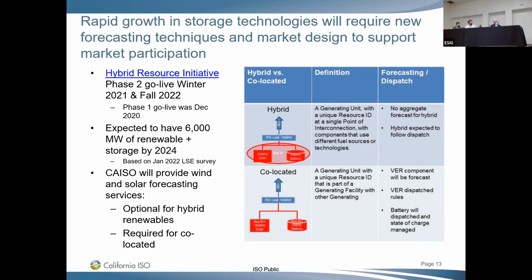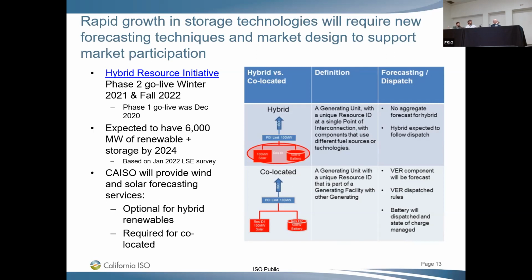That one really has some of the items under the hood for the hybrid resources. The phase 1 go live was in December of 2020. That was a lot of the participation components that were needed for the co-located resources. There's still movement and improvements happening for both the co-located and the hybrid resources, but that piece is expected to go in fall of this year.